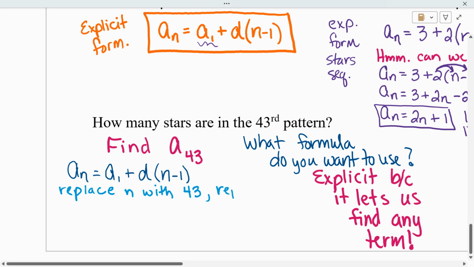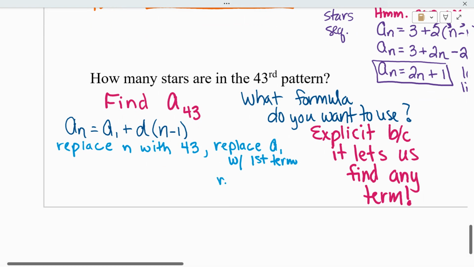And we're going to replace a sub 1 with the first term, and d with the common difference. We know all of that information.